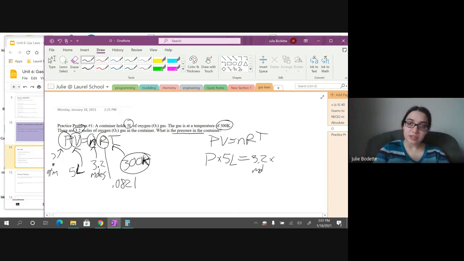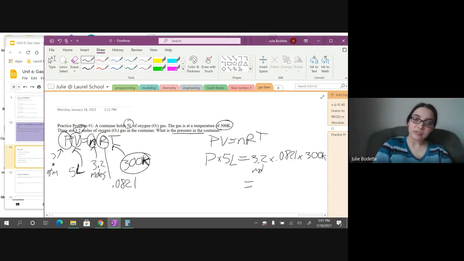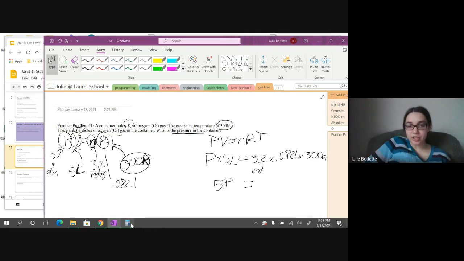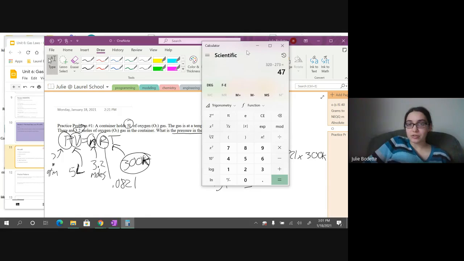R is 0.0821. And T is 300 Kelvin. Okay, so then we just need to solve for P. So let's see, P times 5 liters, so that would just be 5P, and then let's multiply all this stuff over here.